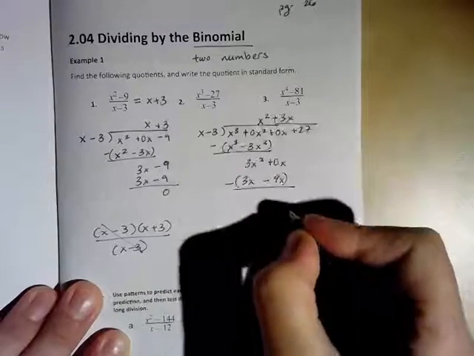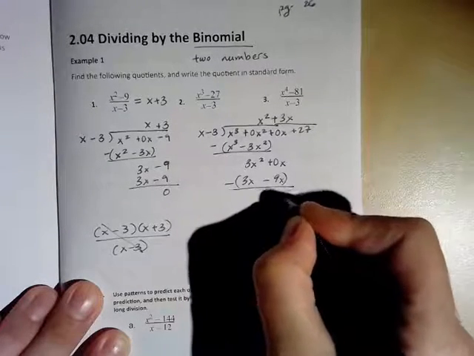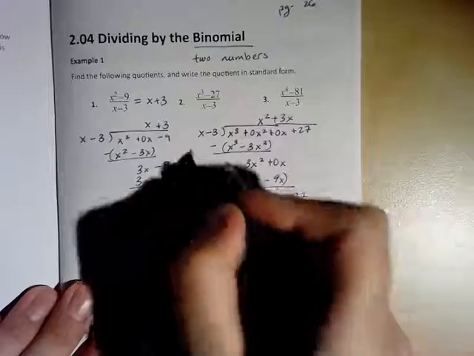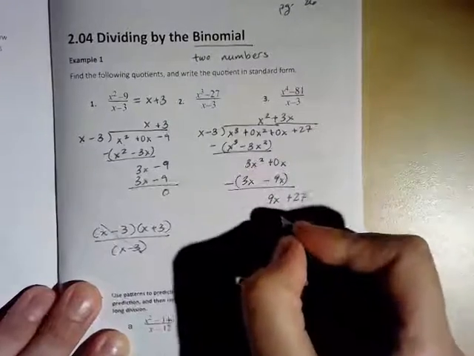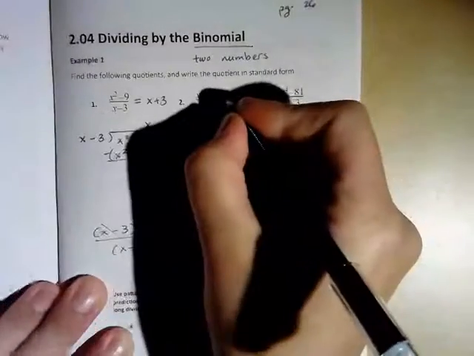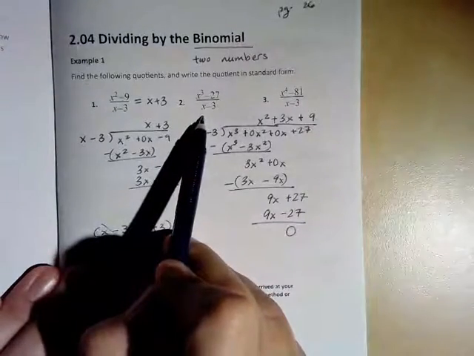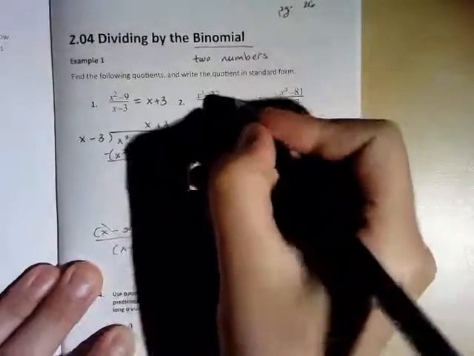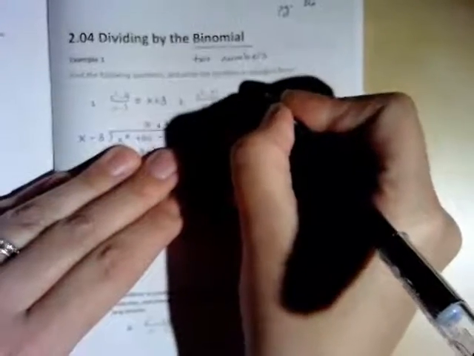So in my last term, I have to multiply by, let's see, that's 9x, bring down the 27. So multiply 9 times 27, and a remainder of 0. So x to the third minus 27 divided by x minus 3 equals x squared plus 3x plus 9.